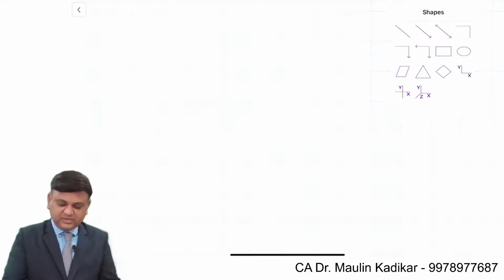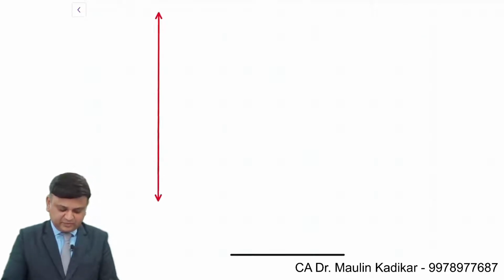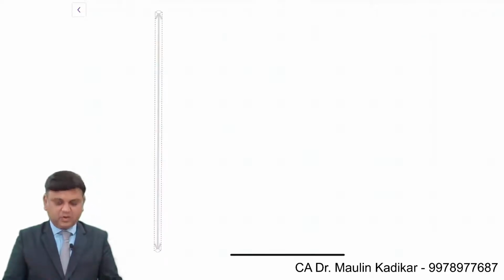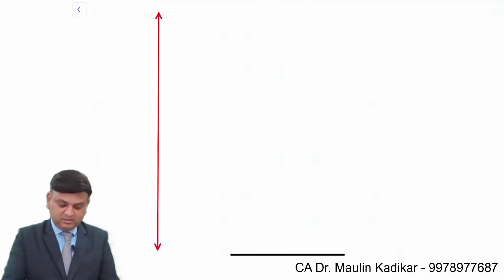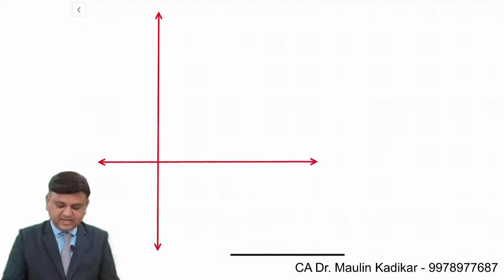On the x-axis we will take the spot price of the security, and on the y-axis we will take the profit or loss, or otherwise the payoff, because in the first diagram we'll take the payoff.